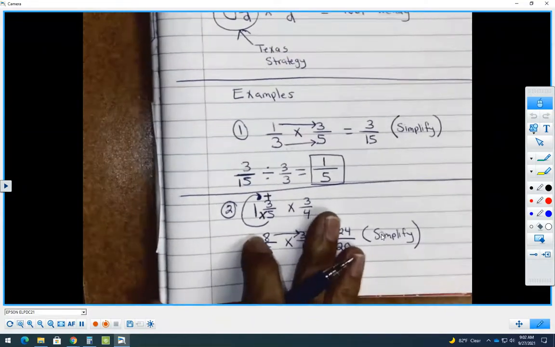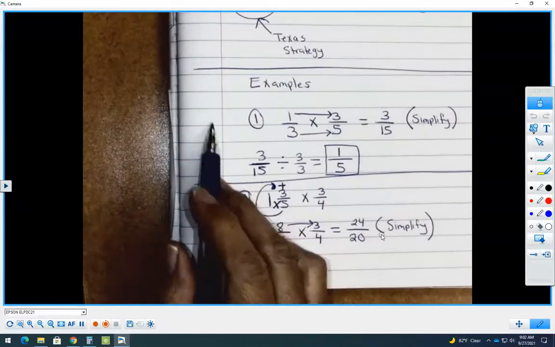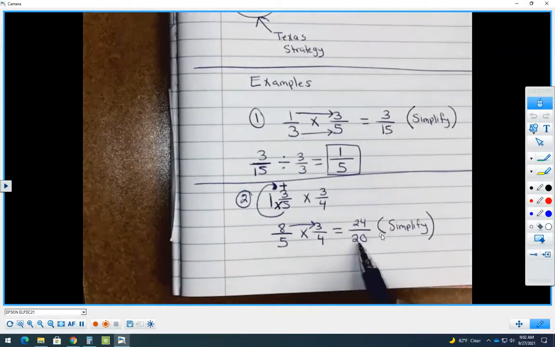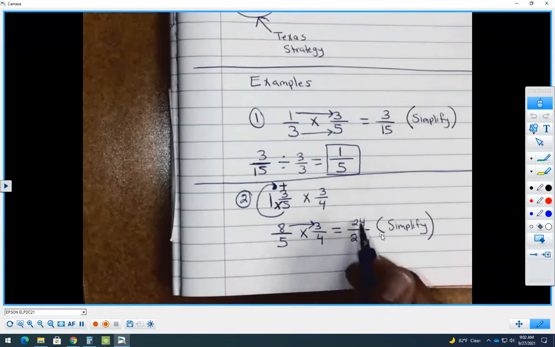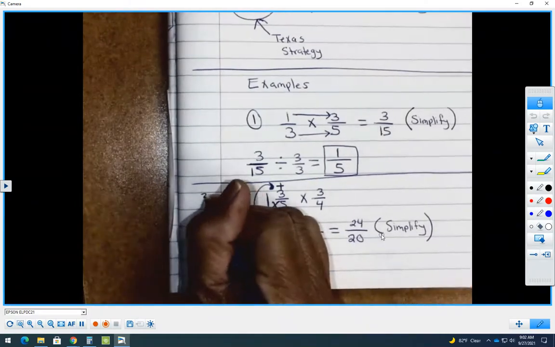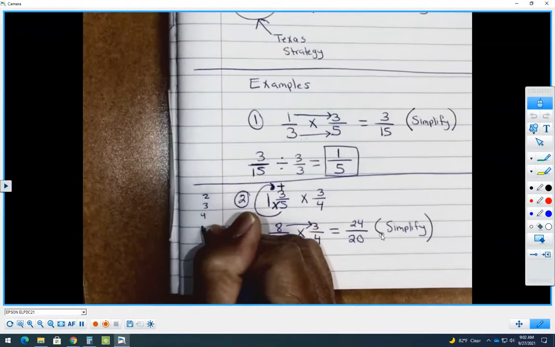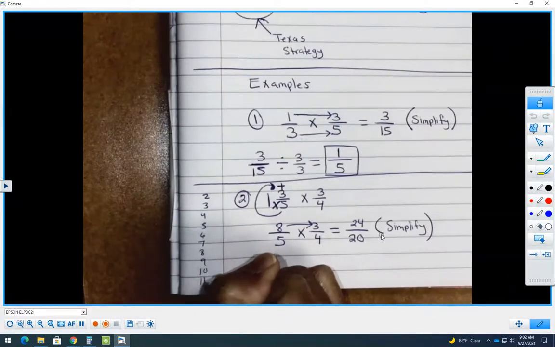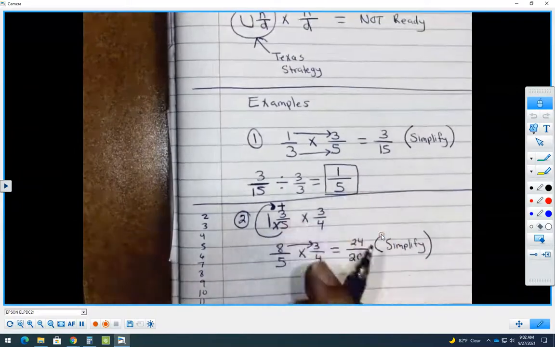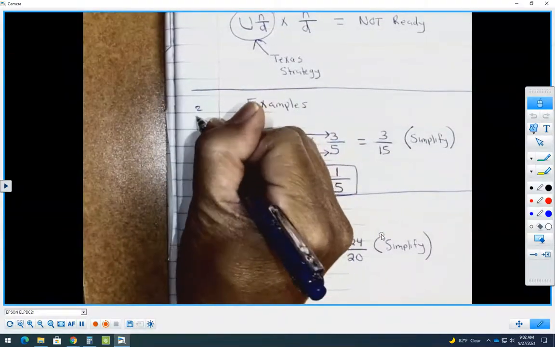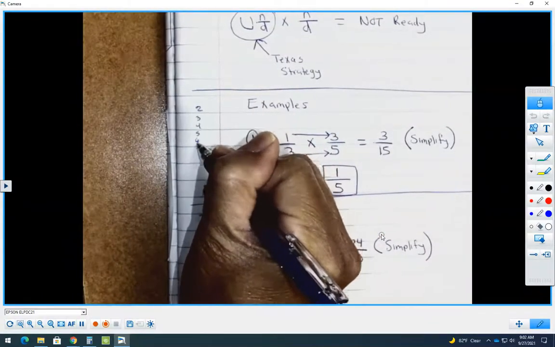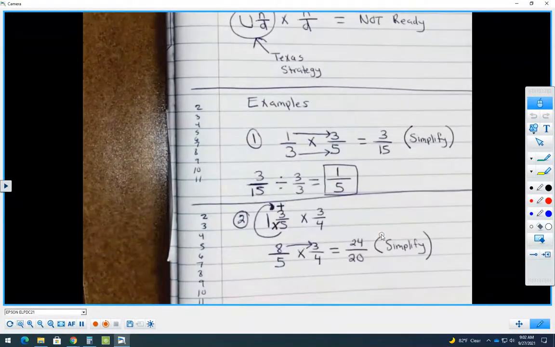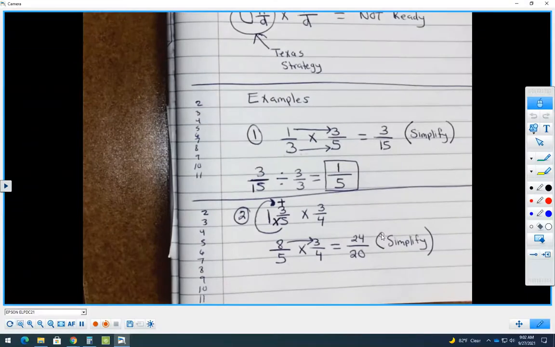So, I didn't tell you on the first one the little strategy of the checklist, but I'm going to tell you now because these are bigger numbers. So I'm going to go here: 2, 3, 4, 5, 6, 7, 8, 9, 10, 11. I could have done the same thing on the first one. That little checklist is common factors.